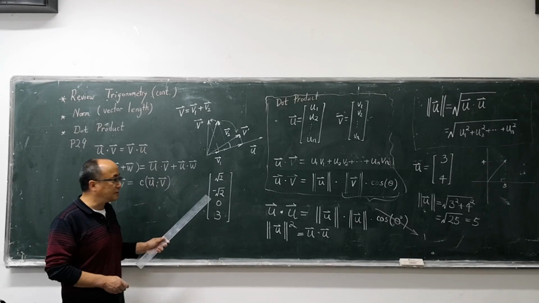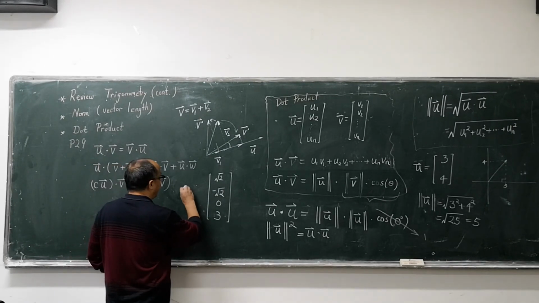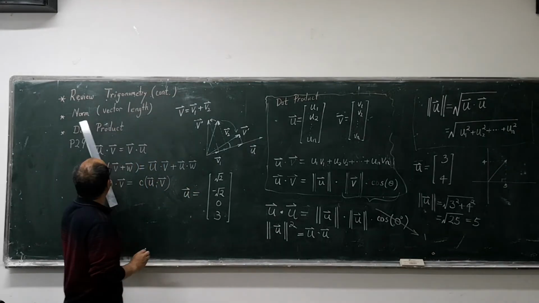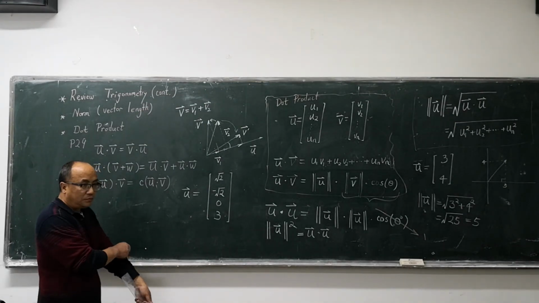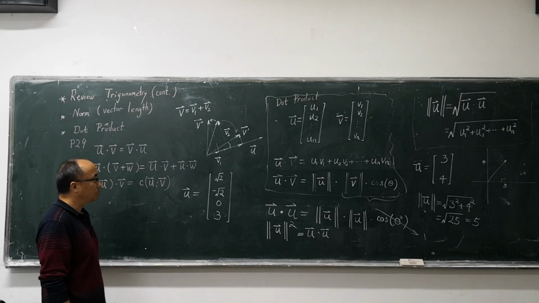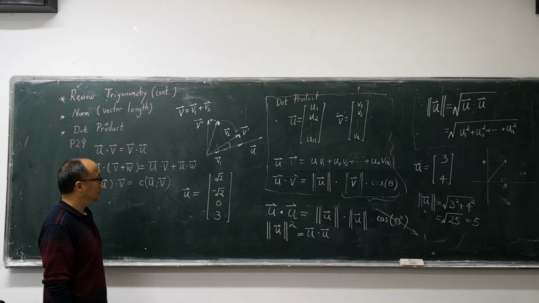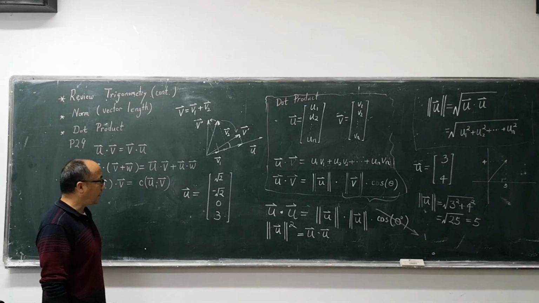Can you calculate this vector's length, or the term norm? Can you do that? It's not a 3.